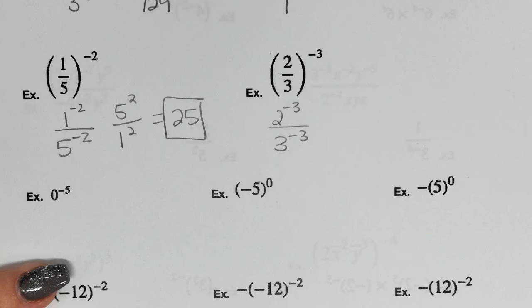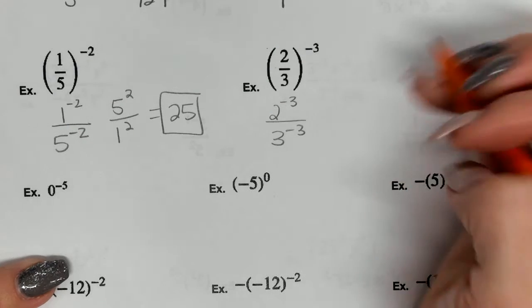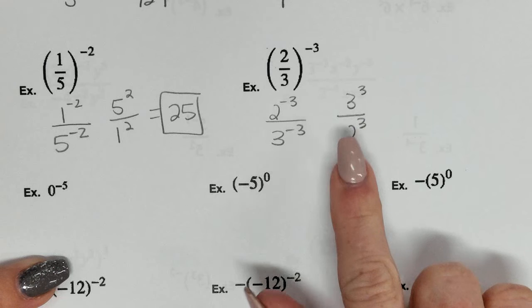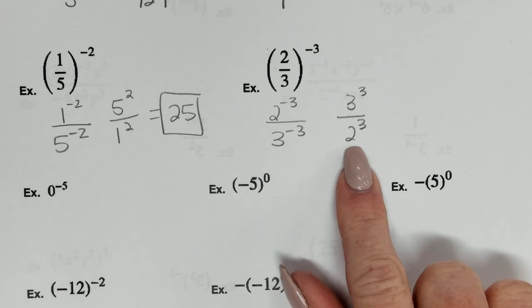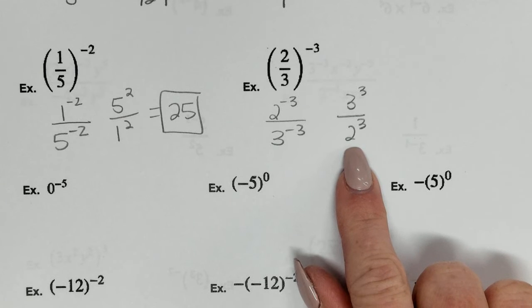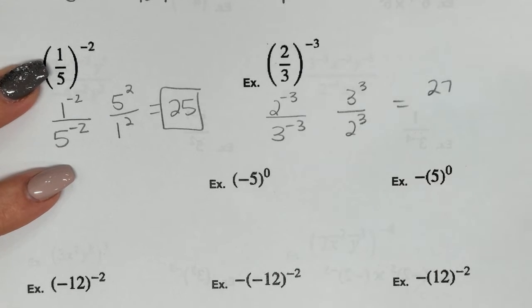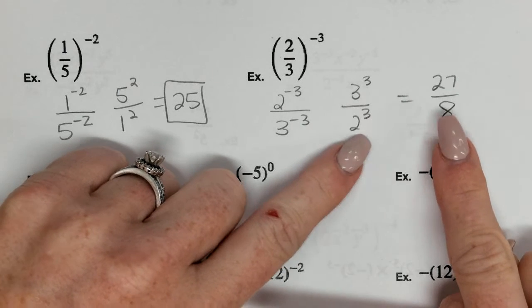Okay, now what are we going to do? Basically flip their spots so that we don't have any negative exponents. So I would have 3 to the 3rd over 2 to the 3rd. That is a correct answer, but you could also expand that since the exponent is only a 3. It's not a huge answer. 3 to the third is 27, and 2 to the third is 8. And so both of those answers would be seen as correct.